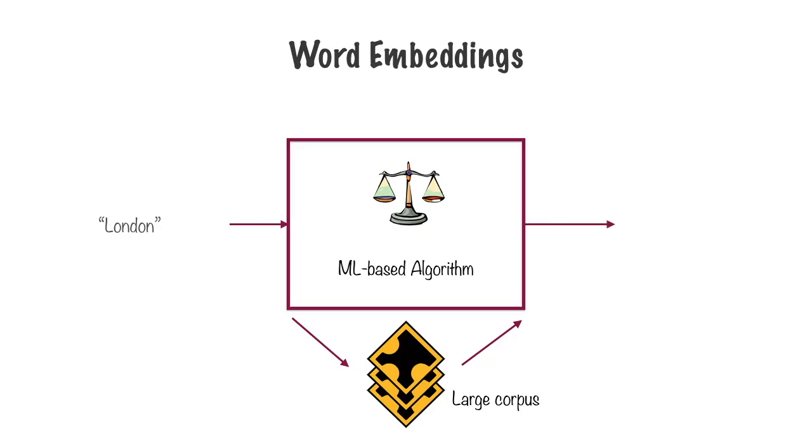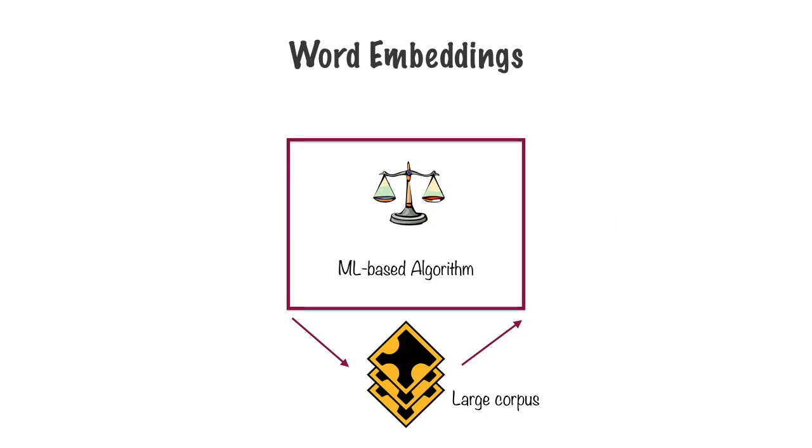Once this machine learning model has been fed in this huge corpus, it's ready to accept new words and spit out embeddings for those words. It'll accept a word such as London and generate a numeric embedding for it. Now, this numeric encoding is special because it also captures the meaning of the word London somehow.